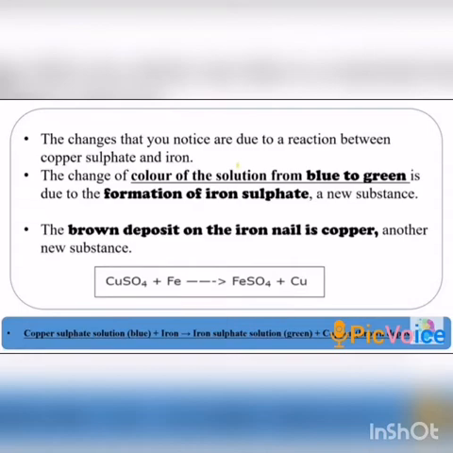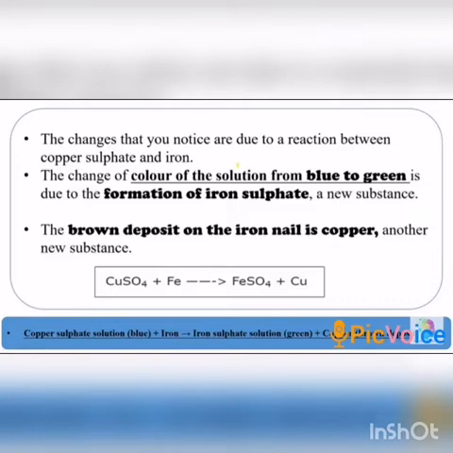Here is a chemical equation for this chemical reaction. Look carefully. What are the reactants in this activity, children? Copper sulfate. What is the color of that copper sulfate solution? Blue color. What is the formula for copper sulfate? CuSO4, copper sulfate, plus iron.